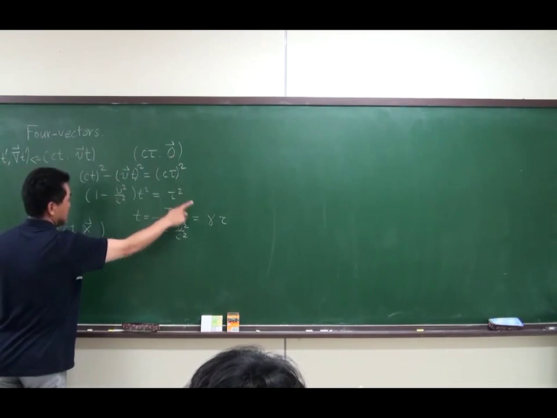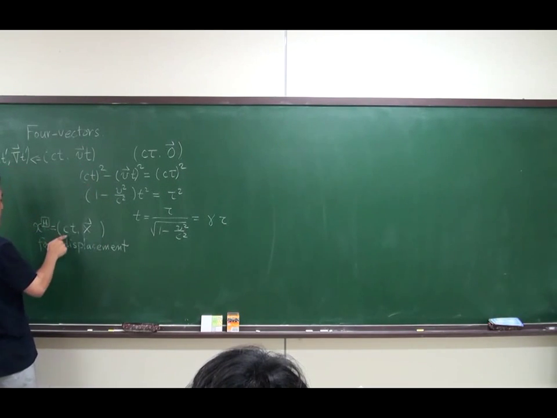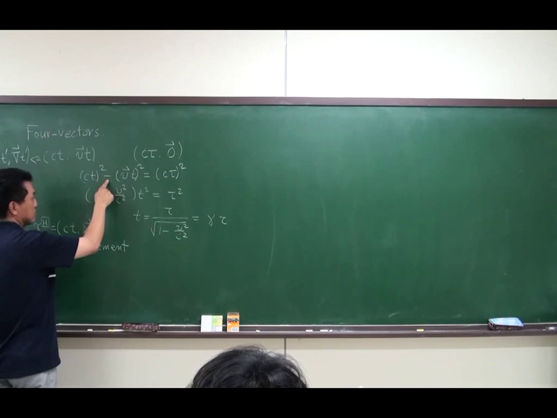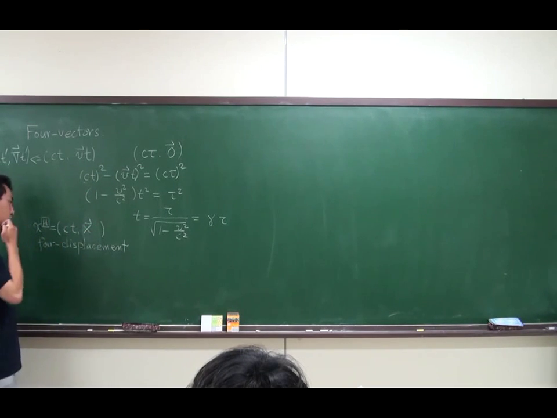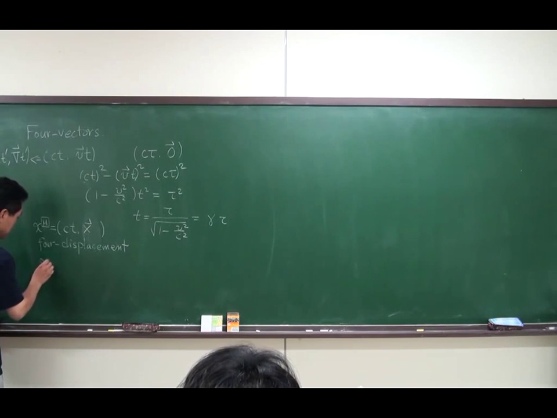And as we have seen, the square of the first component, that is the time component, subtracted by the square of the spatial component, is defined to be the square of this 4 vector. And we use the notation x squared. This is not indicating the second component.